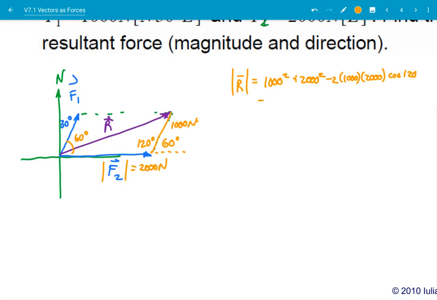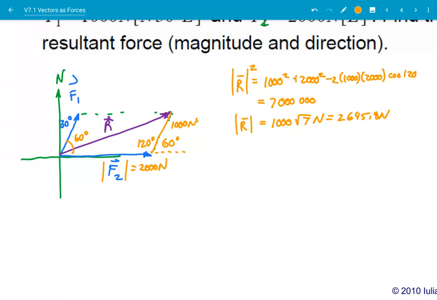And that's the magnitude of R squared, of course. And that's 7 million. We take the root, get the magnitude of the resultant. And it is 1,000 root 7 newtons, or 2,645.8 newtons.